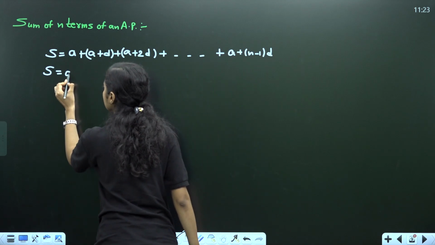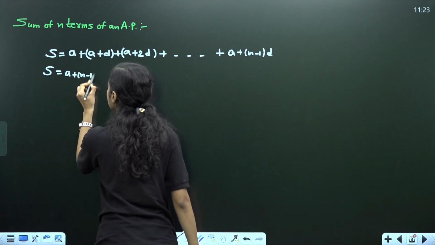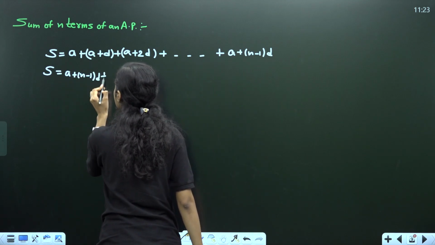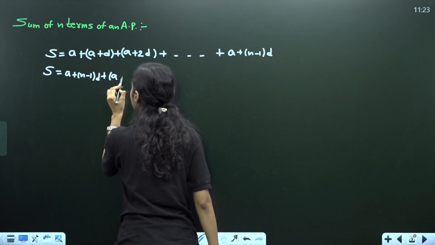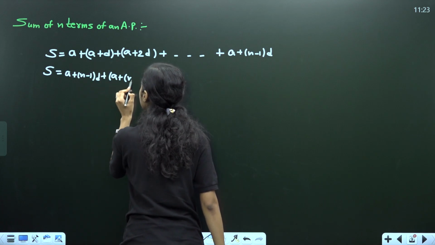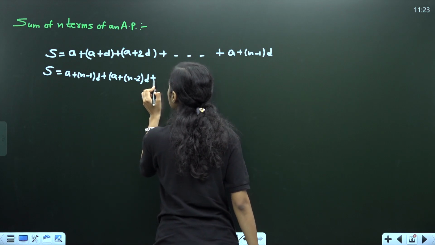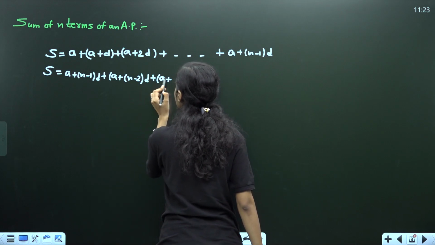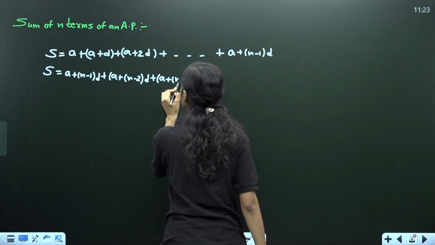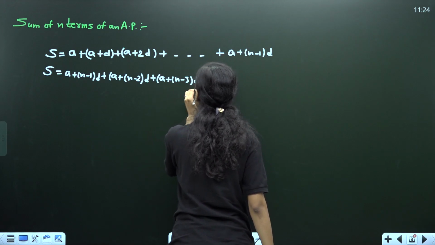Then this will become a plus n minus 1 d, the last second term a plus n minus 2 d, a plus n minus 3 d, and so on.